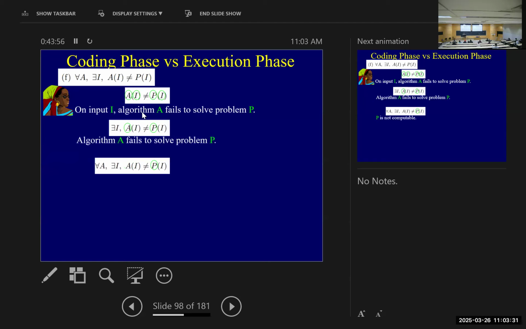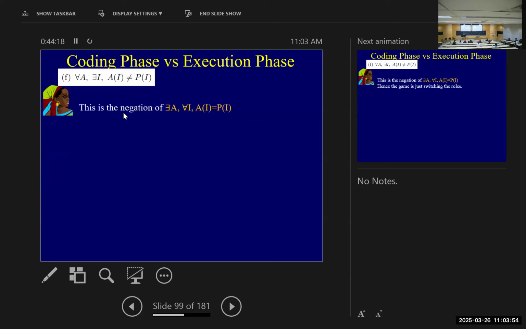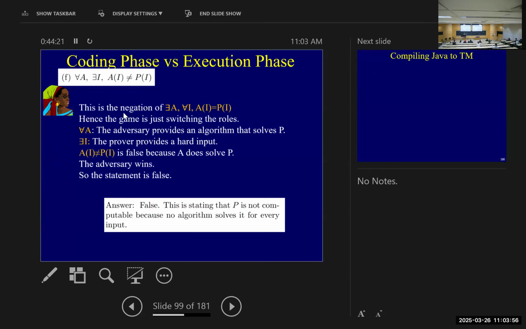This says A doesn't solve P. Why? Because there's some input in which it fails to solve P, right? This says P is not computable. Every algorithm fails to solve P, right? So is this true on our test? Yeah, and at the top I said P was computable, right? So this says that P is not computable because no algorithm solves it for every input. But I did say on the test that P was computable. Right, everybody good?